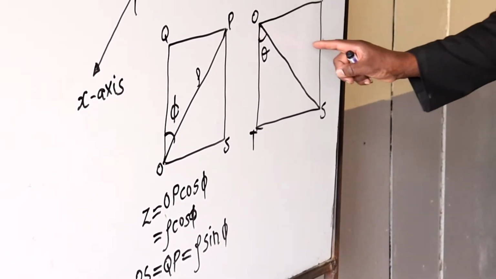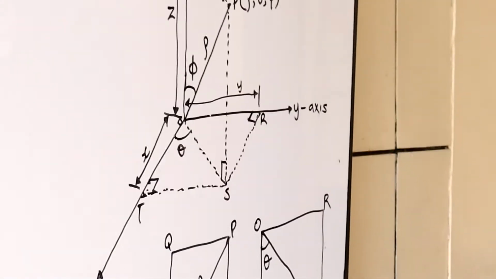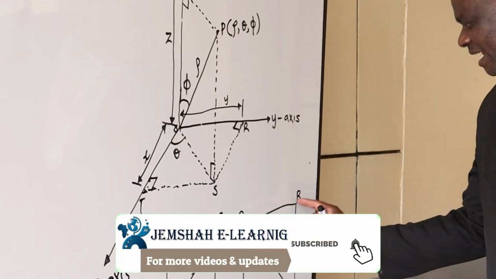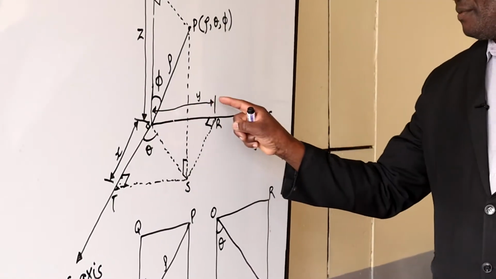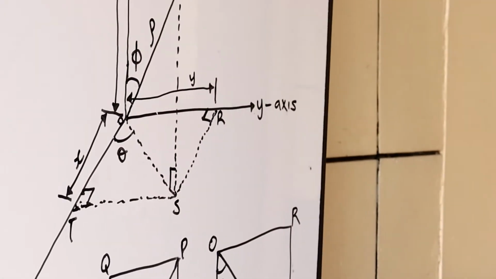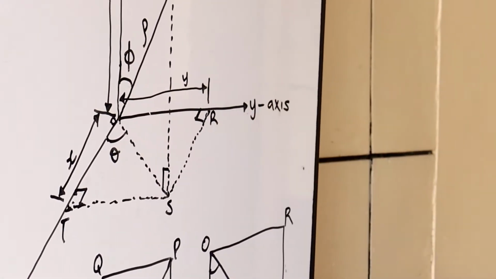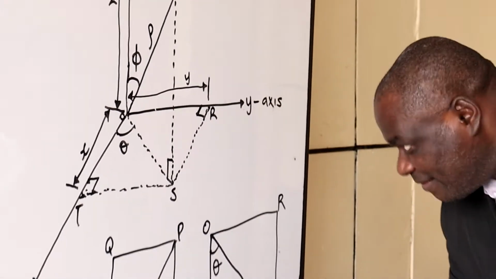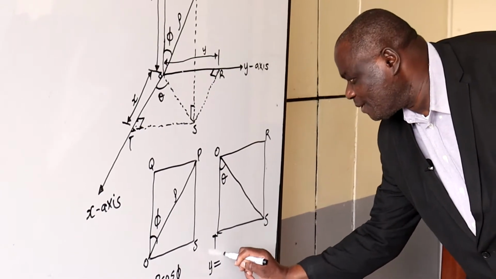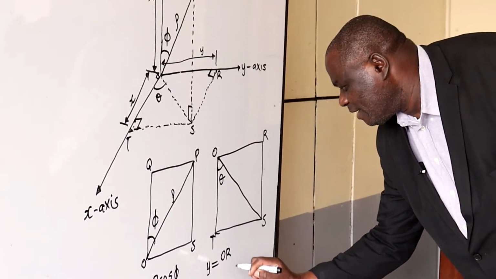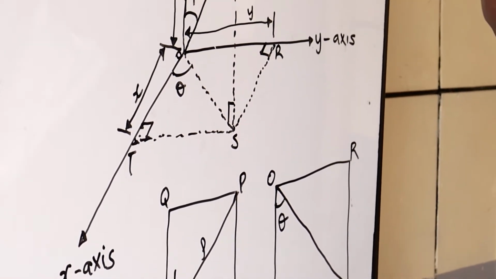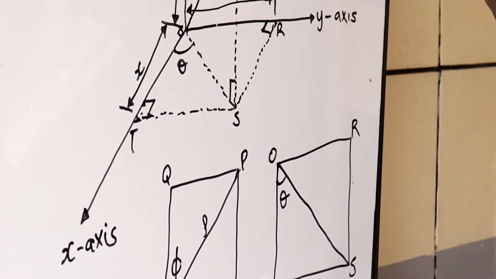Now from this other diagram, we can see clearly that OR stands for the length which represents the y coordinate of that particular point. So y, which equals OR, is equal to TS.